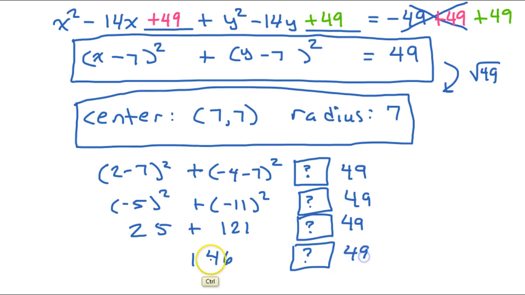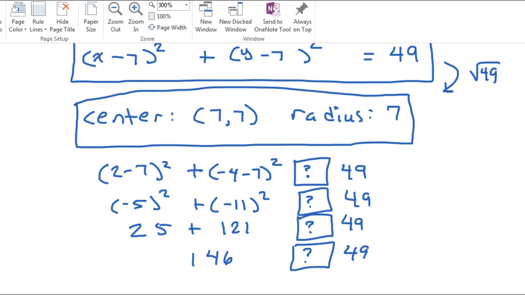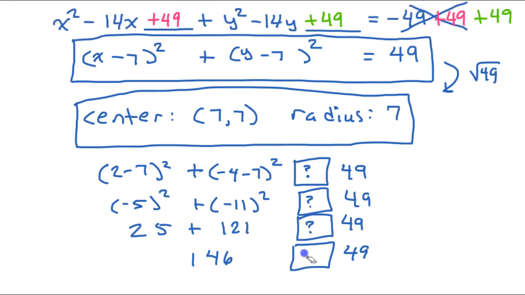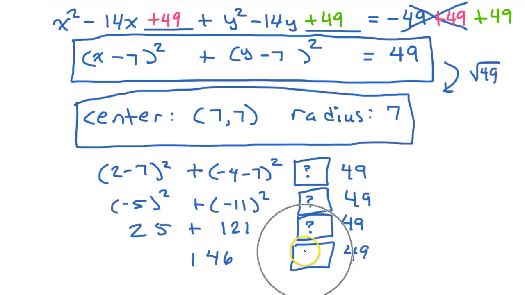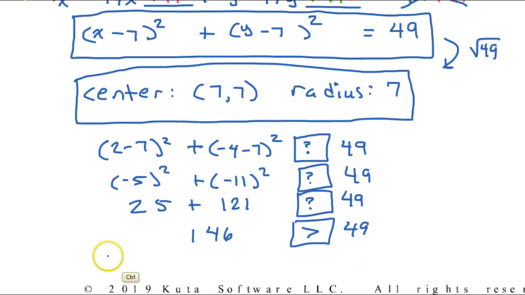So I kind of wish it had been closer. But anyway, clearly 146 is larger than 49. Okay, so that means that the point 2 comma negative 4 is outside the circle. Okay, so 2 comma negative 4 is outside.